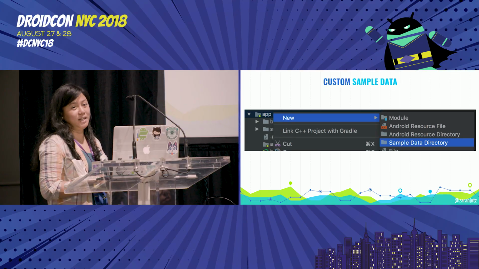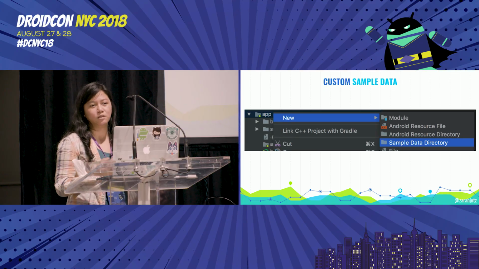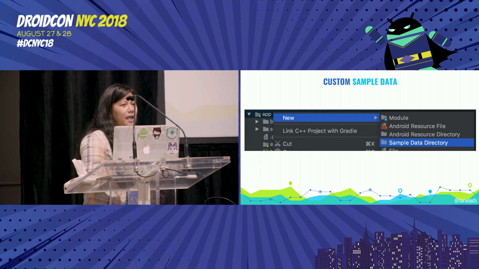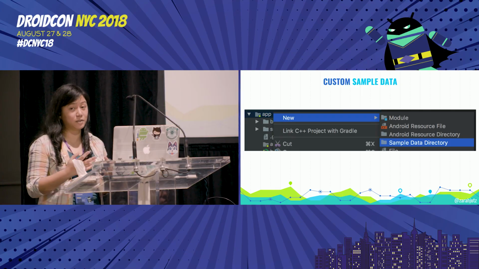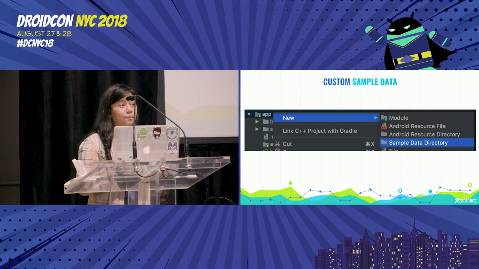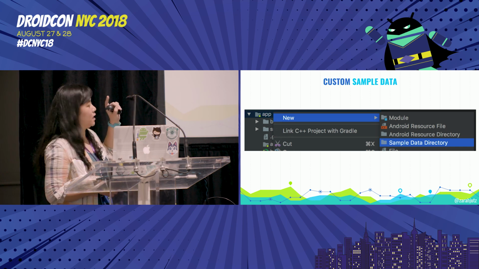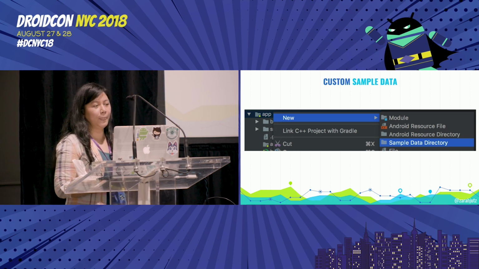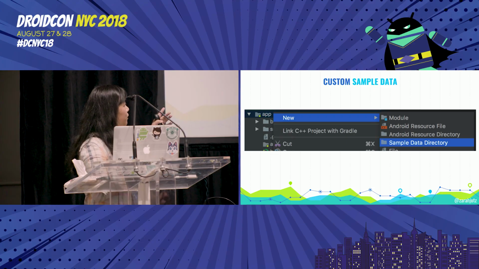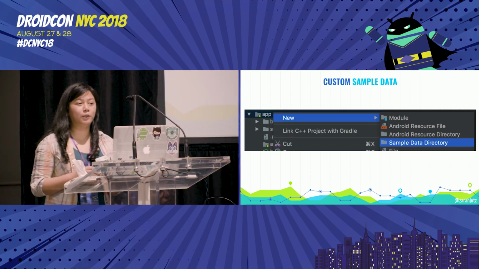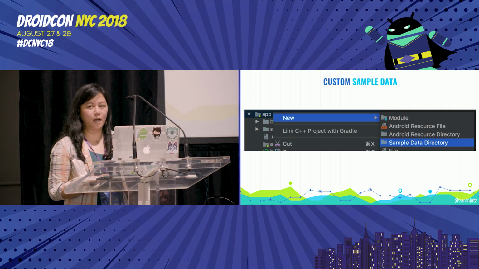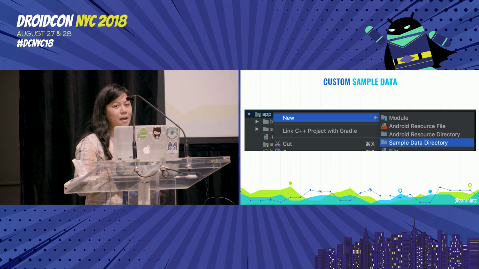If the text we need is not provided by the tools, so if you need anything other than names, full names, last names, birthdays, all those kinds of things, we can also provide our own sample data. We can do this by right-clicking on your app folder and then selecting New and then creating a sample data directory. We can then put in some plain text files in there with each item in our sample separated by a new line.